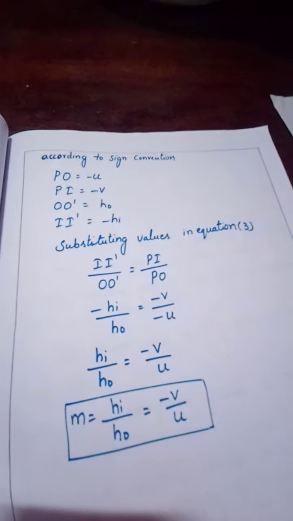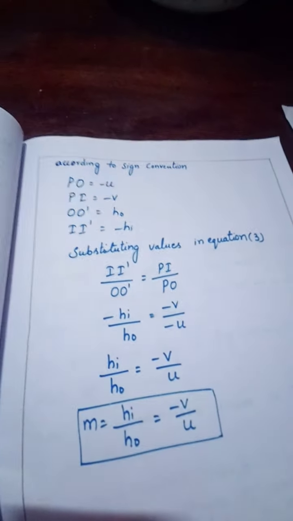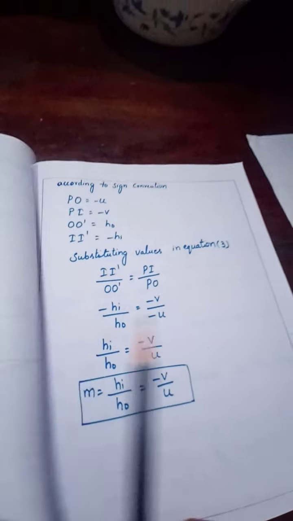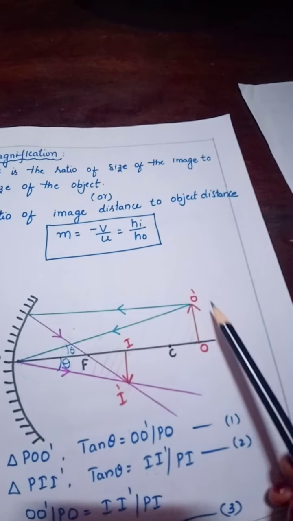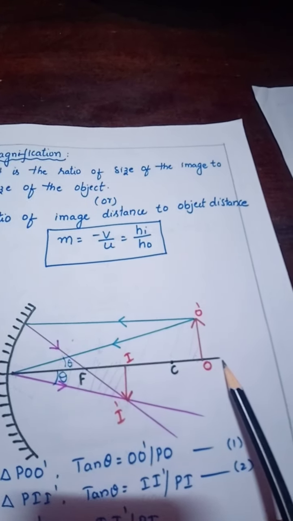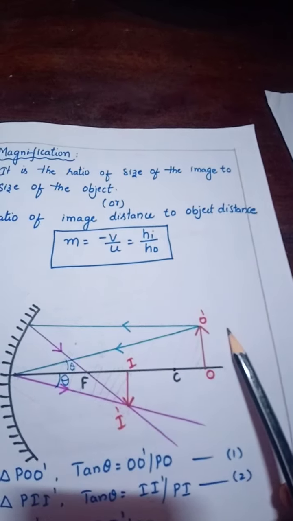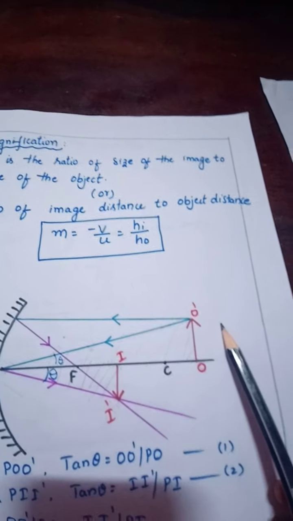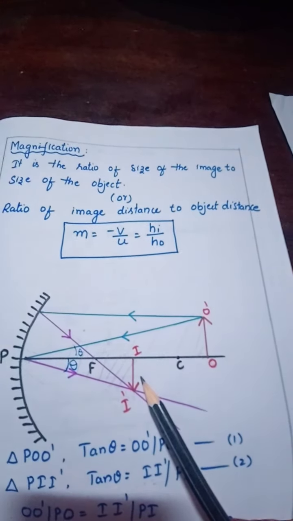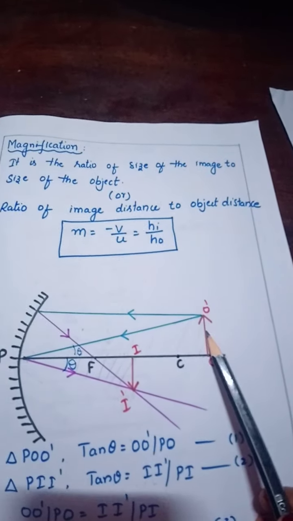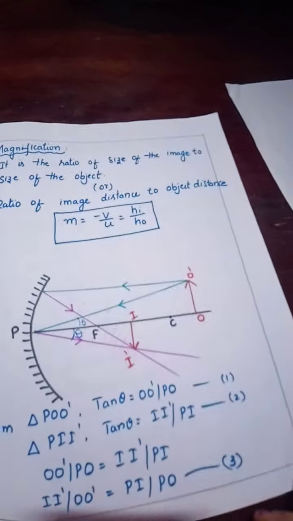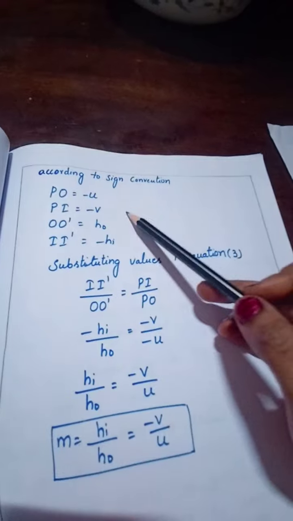But why is H naught not negative? Because H naught is nothing but the height of the object and it is above the principal axis. If the heights are above the principal axis, they are considered positive, and heights below the principal axis are considered negative. So this is positive and this is negative. These are the values, and along with the sign convention, we need to substitute here.